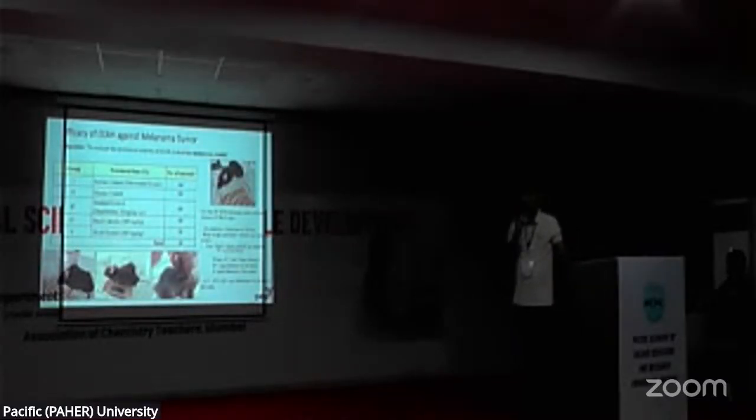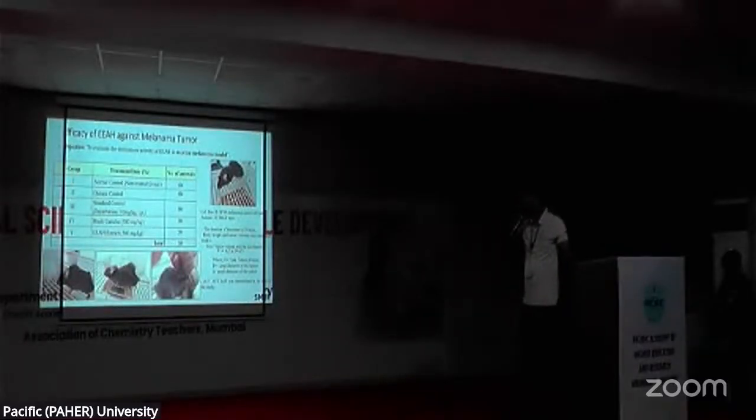If you can see, the ethanolic extract of Anisomeles nucleata is used for the study. The mice, namely C57BL/6, are injected with B16F10 melanoma tumor cells on the dorsal portion of the animal.